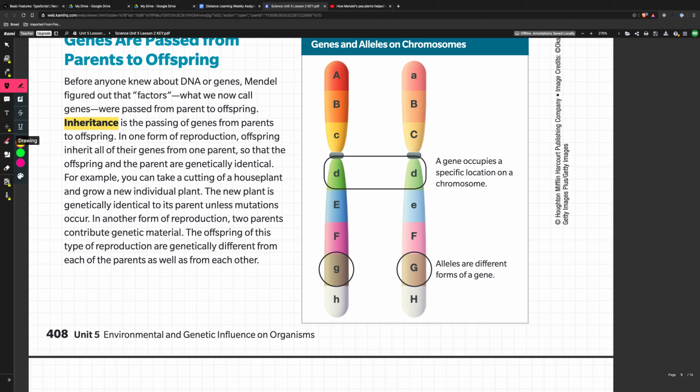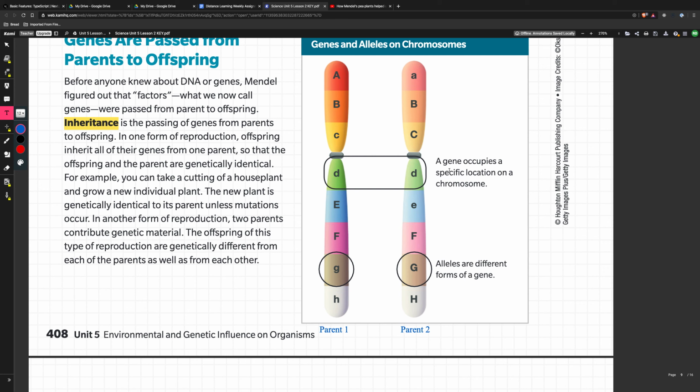So this would be like parent 1, and this might be parent 2, right? And so an organism has both of these chromosomes in their DNA, right? And they got one of them from one parent and one of them from another parent.